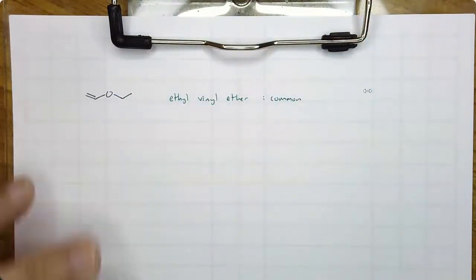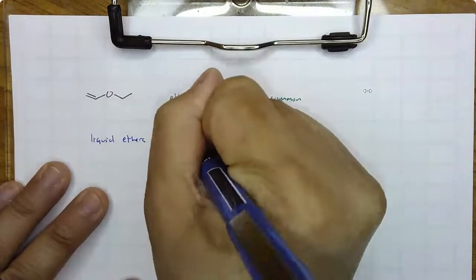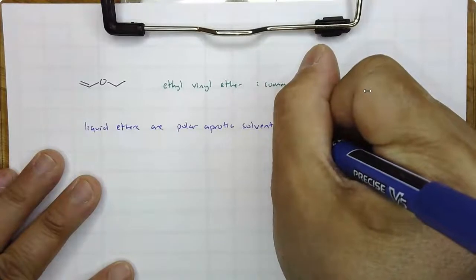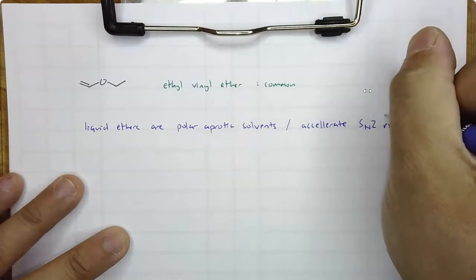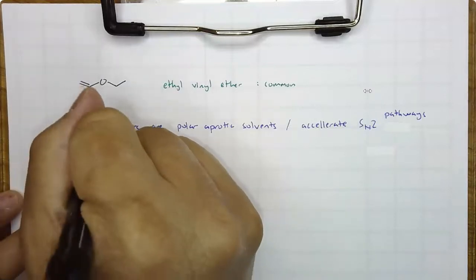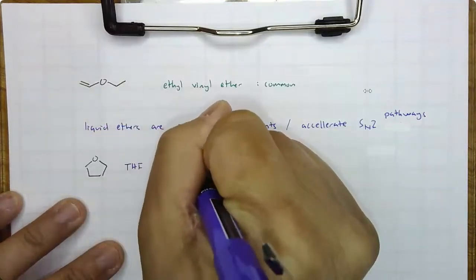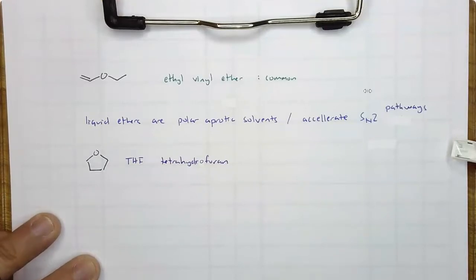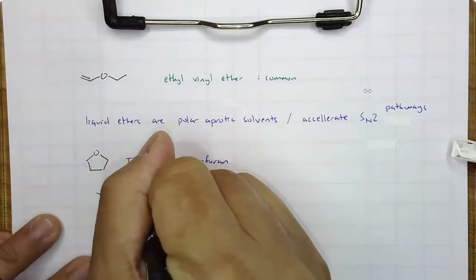Ethers, when they're liquid, are polar aprotic solvents. So they do accelerate, right? Accelerate SN2 reactions. Or maybe not reactions, but mechanisms or pathways. One common solvent is this one here, a cyclic ether again. This is called THF. One last interesting solvent. This has multiple ether functional groups.